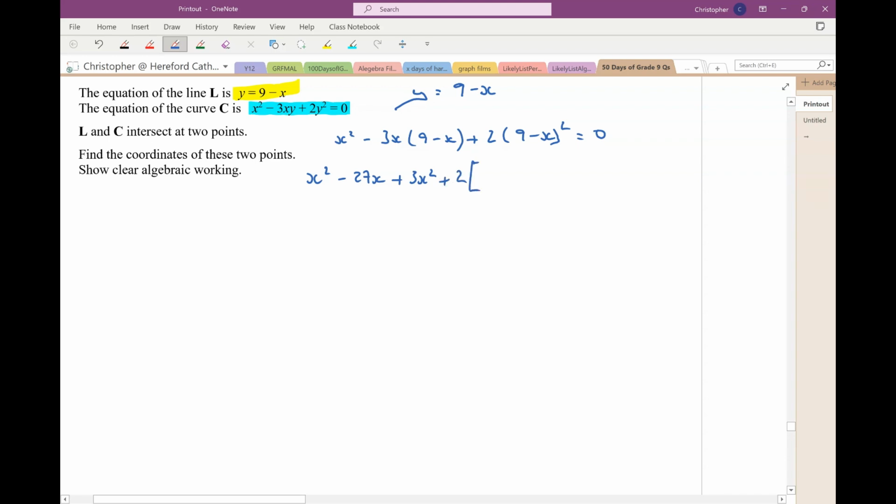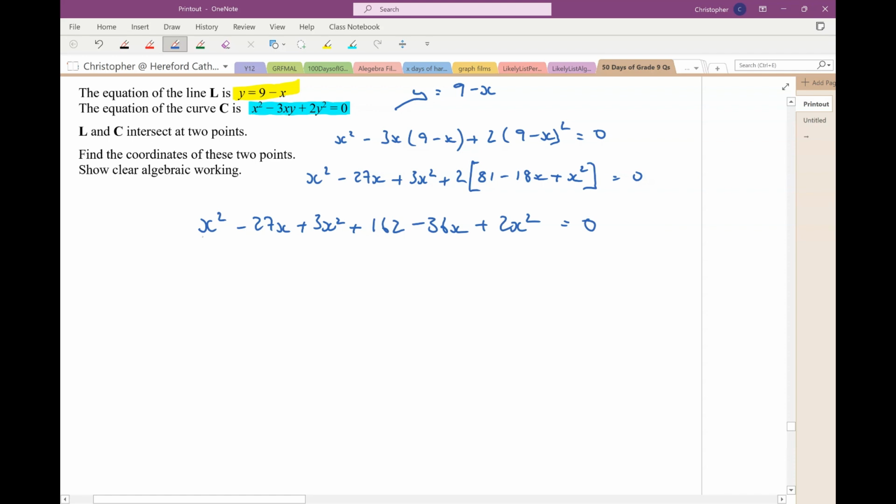Right, 9 minus x squared, well 9 nines are 81. Going to get minus 9x, so minus 18x plus x squared equals 0. Right, so x squared minus 27x plus 3x squared plus twice 81, 162, minus 36x plus 2x squared equals 0.